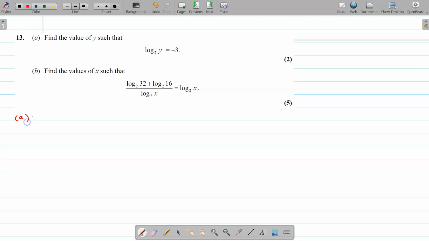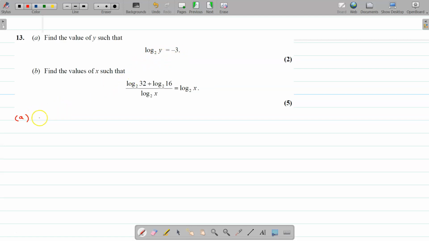And that's quite simple because, of course, y must be 1/8, because 2 to the power of -3 is 1/8.